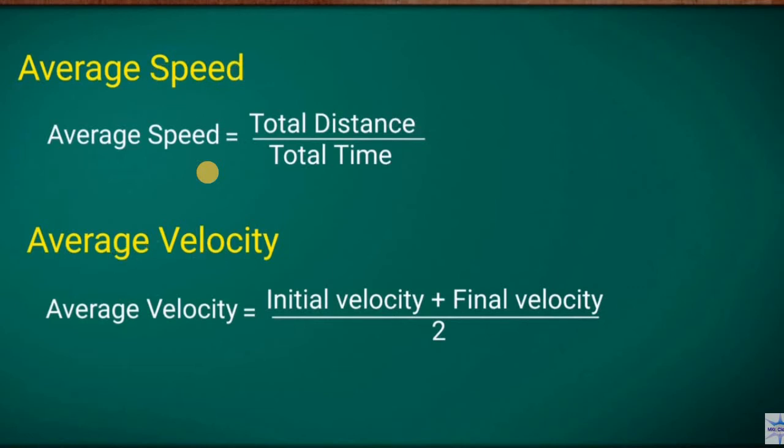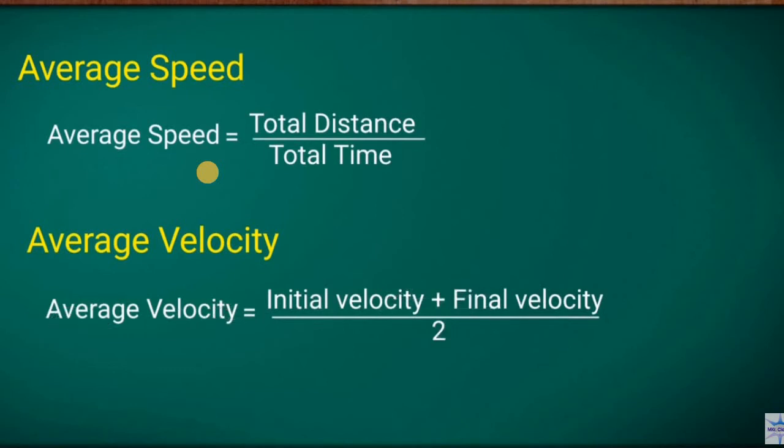Likewise, the average velocity is equal to the initial velocity plus the final velocity divided by 2.